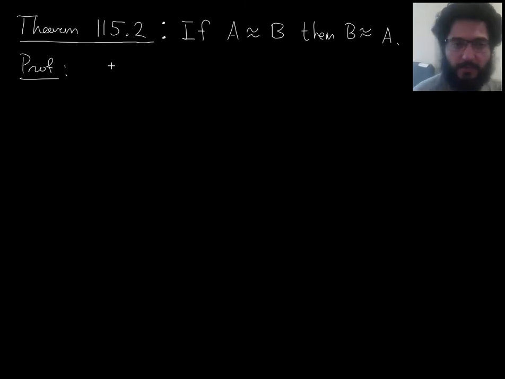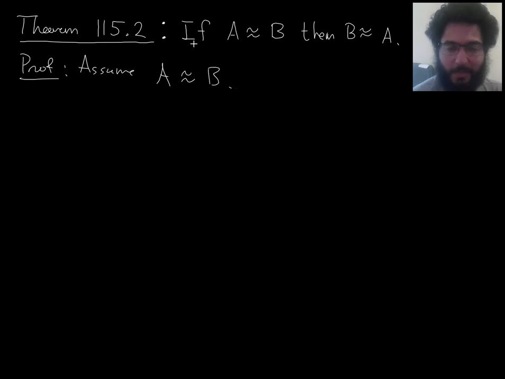So let's write the proof for this one a little bit more carefully, just to practice a bit with the definition. So now assume A has the same cardinality as B. Then what I'm assuming is something that has an existential quantifier in it, right? So I wouldn't usually spell it out, but since this is our first time using it, let me spell it out.